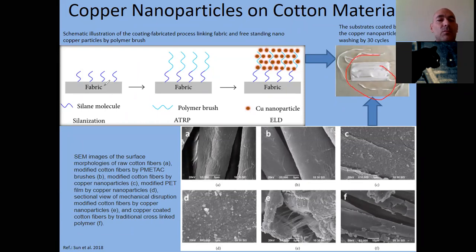But in this case, what they did is that they used the fabric of the mask and then they grew a polymer, okay, on the surface of this mask. And then with this polymer, they can bind these copper oxide nanoparticles, okay? And if you look at the electron microscopy, you can see these copper nanoparticles in the fabric, okay?